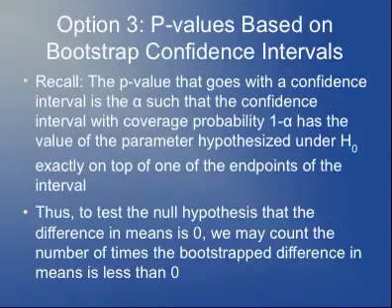Let's say we have some test statistic. Let's say we find a confidence interval such that this test statistic is on one end of the confidence interval, either the upper end or the lower end, it doesn't really matter. And we'll say that the confidence interval such that the observed test statistic is on one end of the confidence interval has coverage 1 minus alpha.